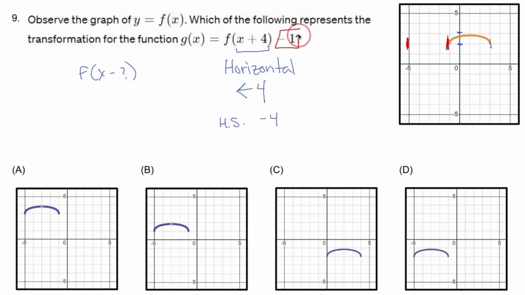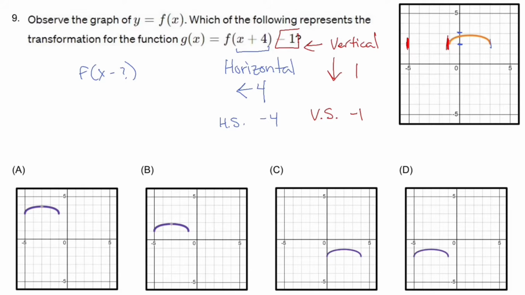Now, when you subtract a number outside of the parentheses, and it's just some random number floating around, that is a vertical shift. This is normal. So -1 means down 1 in this case. We would word this in AP Precalculus as a vertical shift of -1.